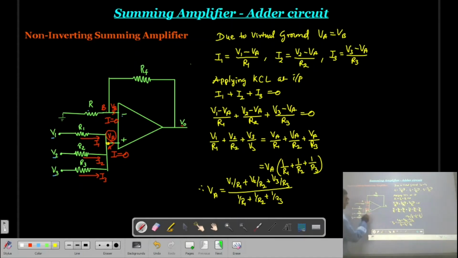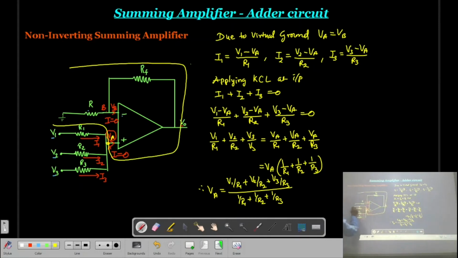So this is the potential at point A. Now the rest of the circuit, remember, this part of the circuit is nothing but a non-inverting amplifier. Correct? So now we apply the expression for a non-inverting amplifier. What is the gain of this amplifier? And from there you can find the output voltage.